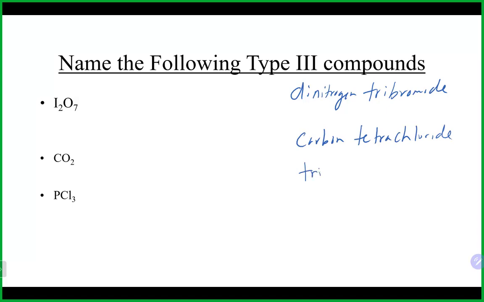Let's do that as well. Trioxygen. And I don't know, let's go pentasulfide. All right. Names on the left there, formulas on the right. Move these up a little higher so you can maybe see them a little better there.